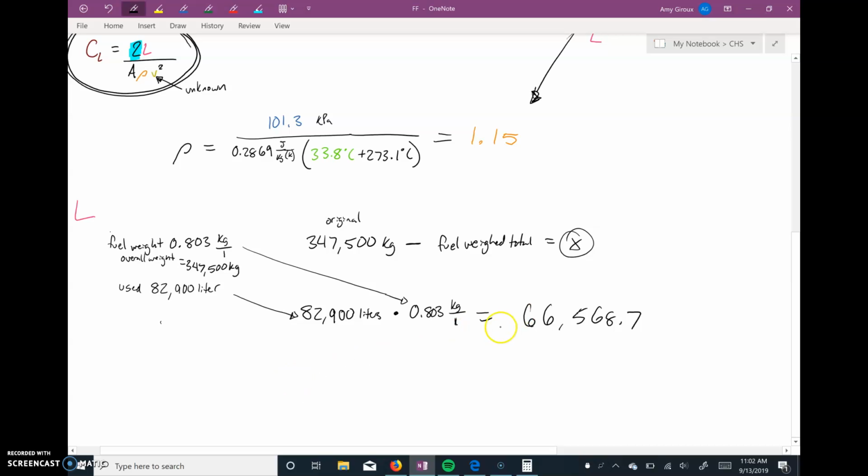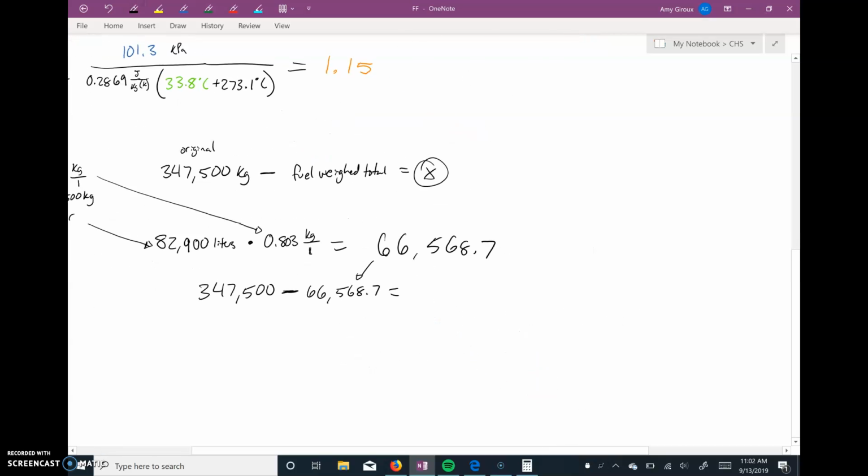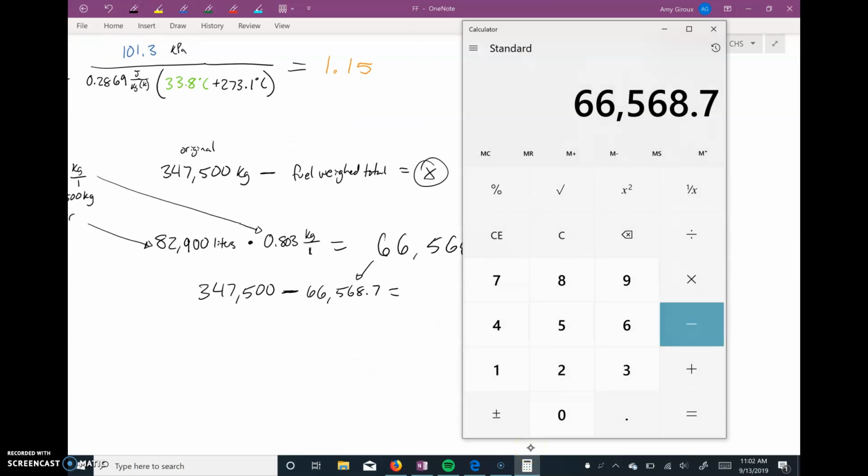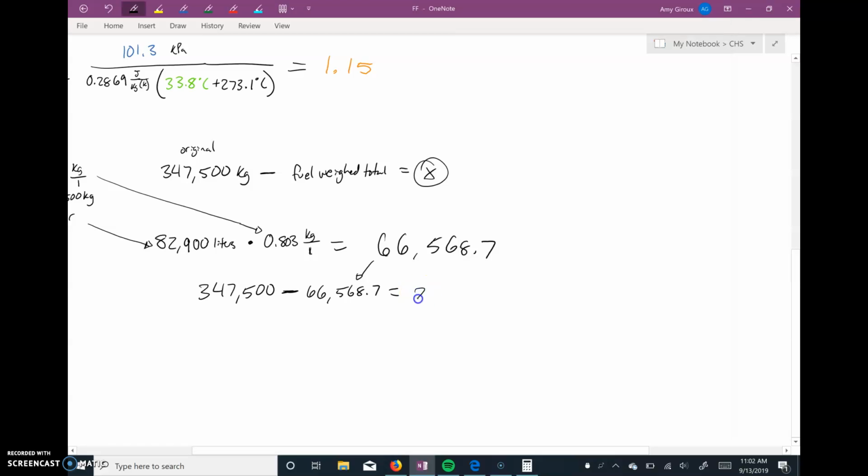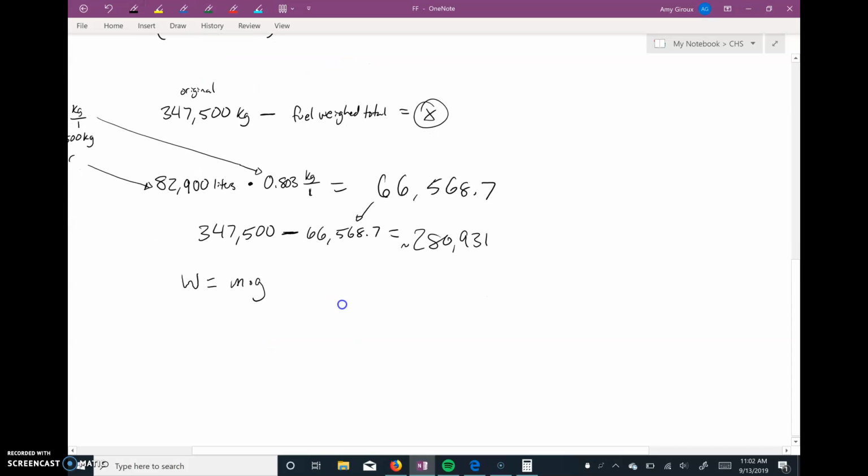From here we need to subtract this value from the original, which equals about 280,931. Then we need to do weight equals mass times gravity.